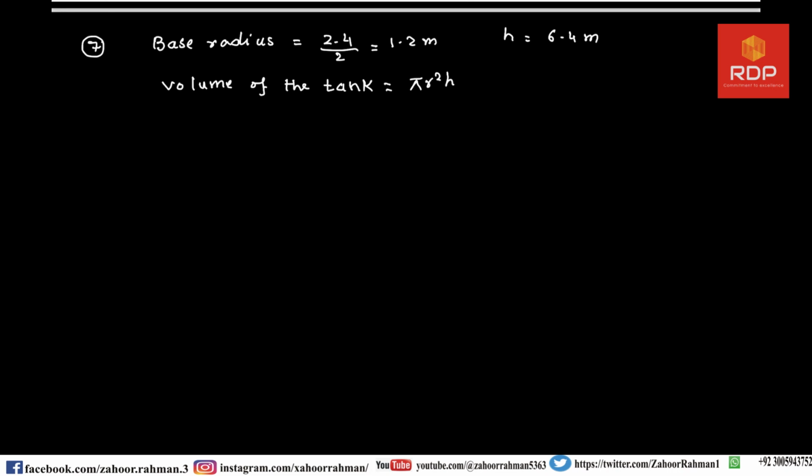Let us first solve the first part, and here we are saying that volume of the tank is equal to pi r square h, and I have to insert h, which is 6.4, along with other values.